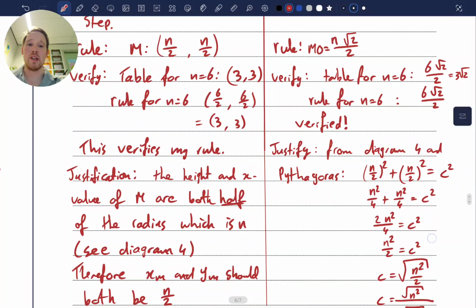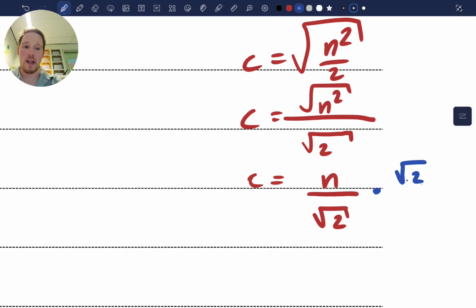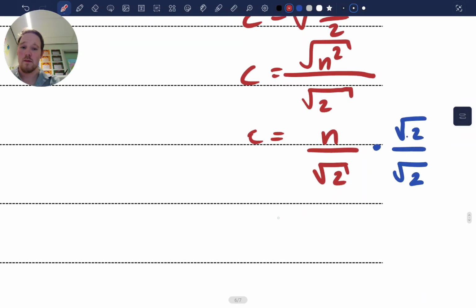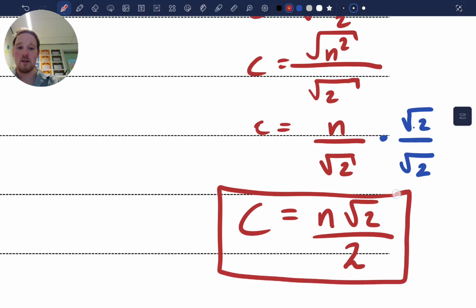So really what has happened is we need to multiply with an extra root 2 in the numerator to get our desired answer. But we are only allowed to do that if we also multiply the denominator by a square root of 2. And there we go, root 2 and n multiply, and square root of 2 times square root of 2 cancels the square root, and we're left with 2. And this is indeed our rule that we needed to show. The length of MO is equal to that.